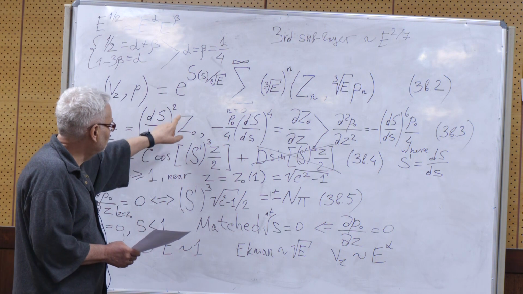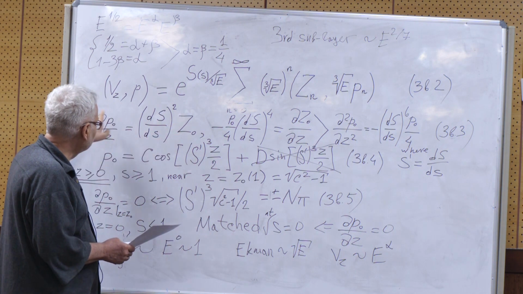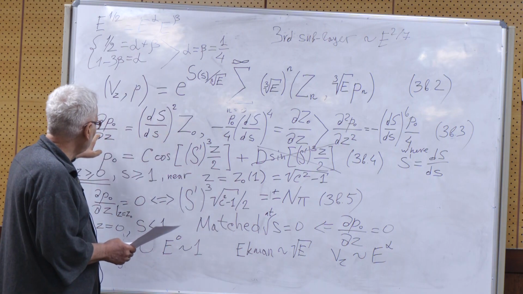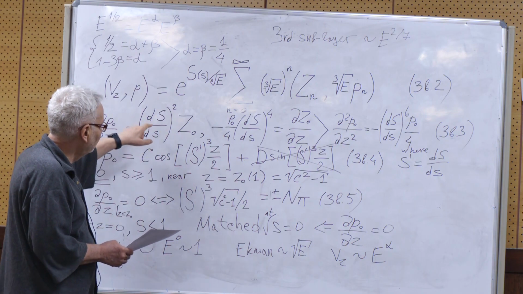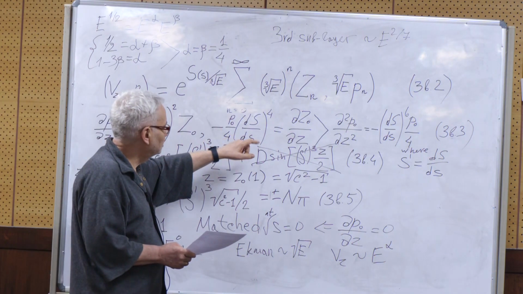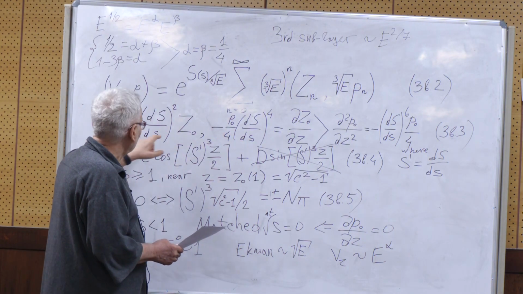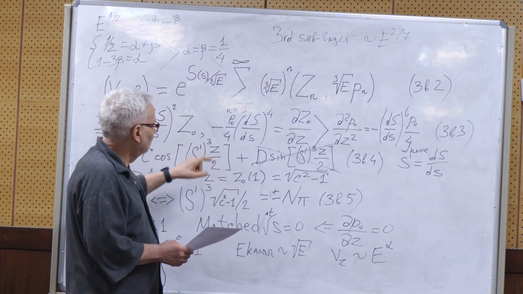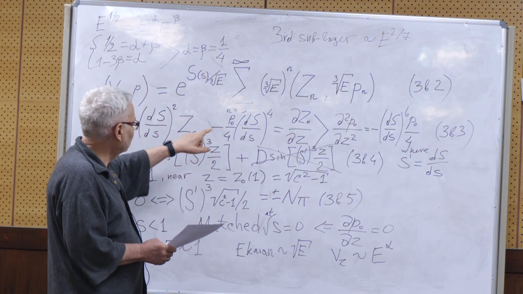So we represent Z naught from this formula, equating Z naught to dP by dz over this expression, and then put this Z into this place. And it works like that.